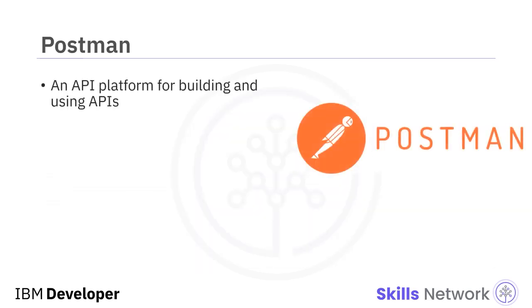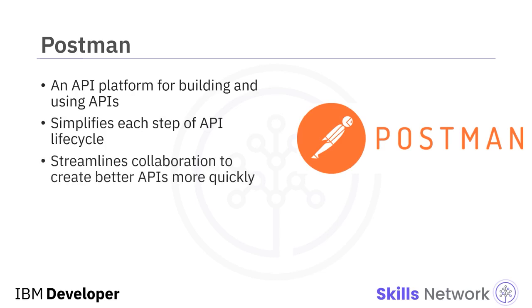Now, Postman is an API platform for building and using APIs, based on a wide range of extremely user-friendly power tools, enabling developers to easily create, test, share, and document APIs. Postman simplifies each step of the API lifecycle by allowing you to orchestrate multiple requests, which can be performed in several repetitions or iterations, and helps you streamline collaboration so you can create better APIs faster.